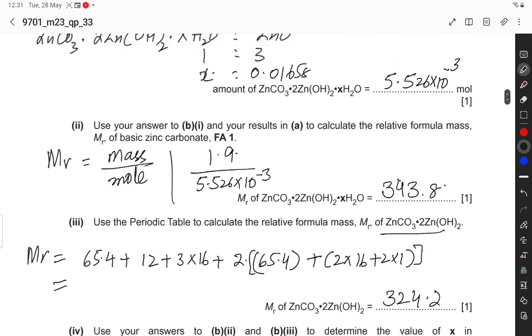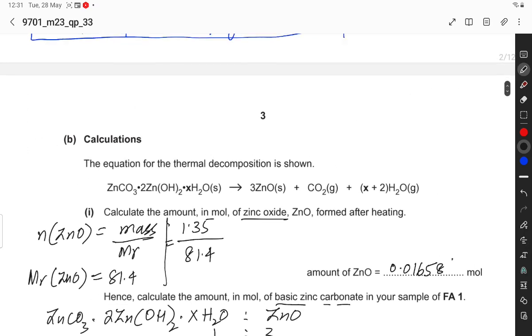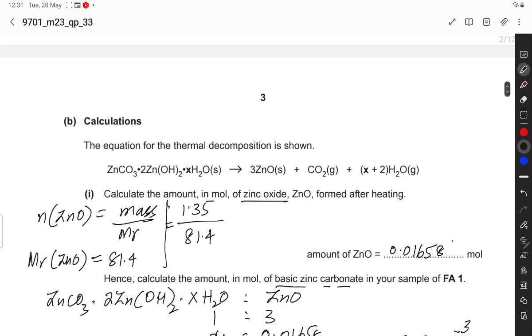So we can change this value, because the X value should be equal to a whole number.